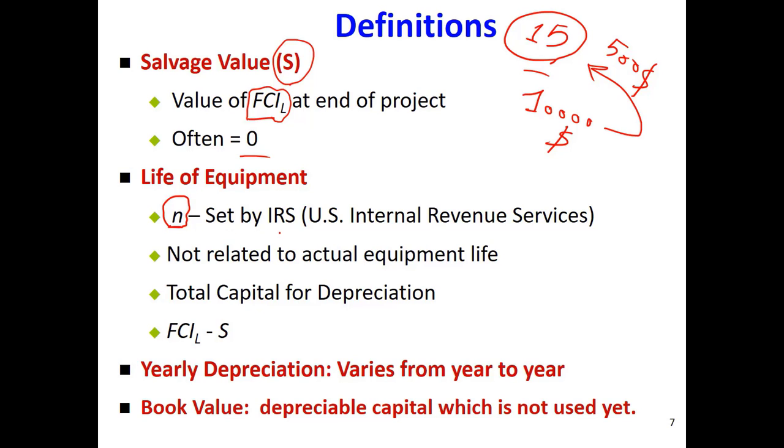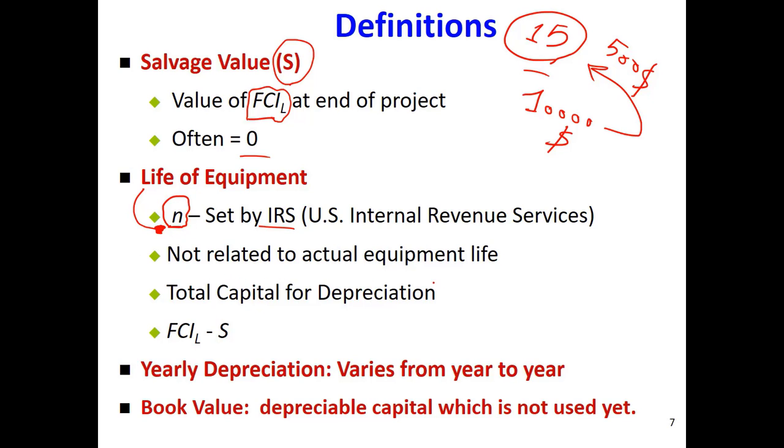Those are numbers provided by the IRS, the US Internal Revenue Service. They can provide us with the list of the life of different types of equipment that is used in the industries.